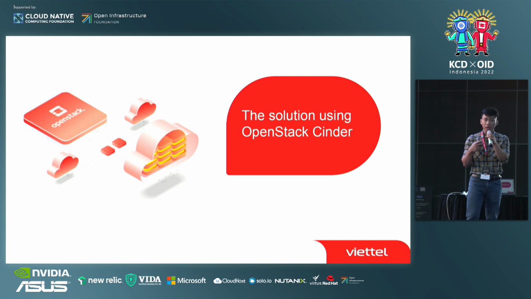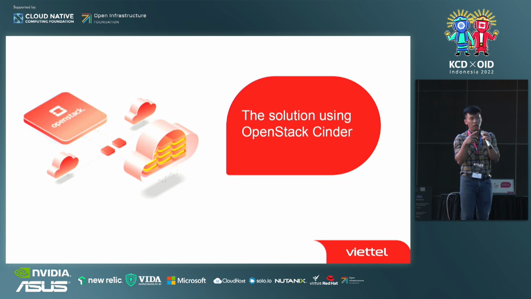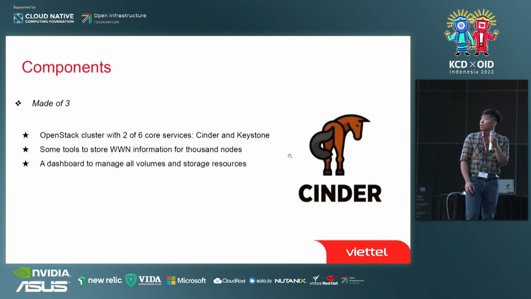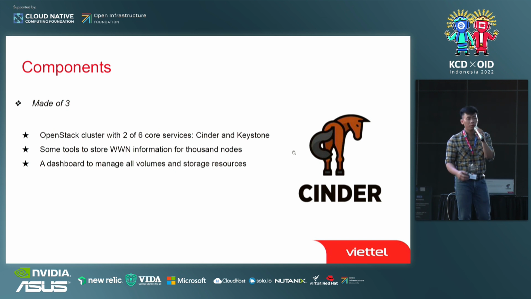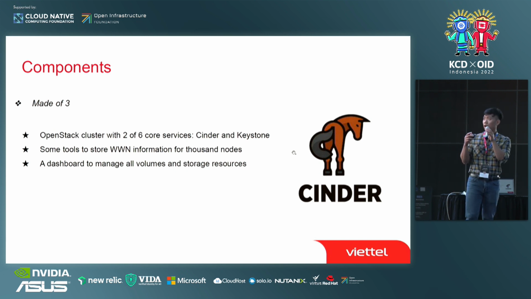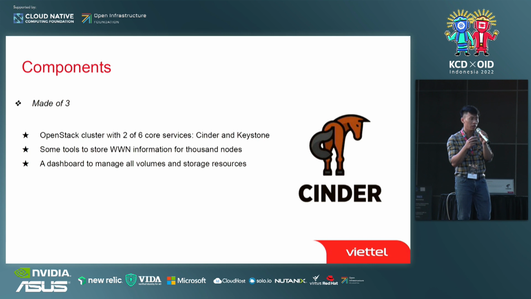And one day we realized that those complex procedures can be removed because OpenStack Cinder can do that almost perfectly. So we defined a system made of three core components.